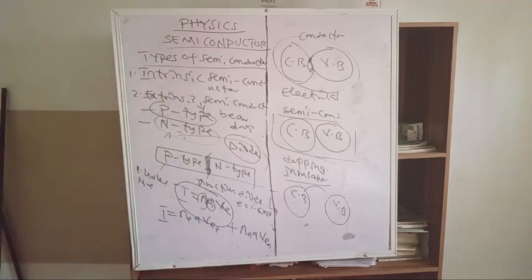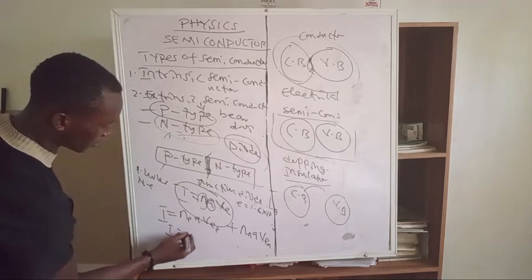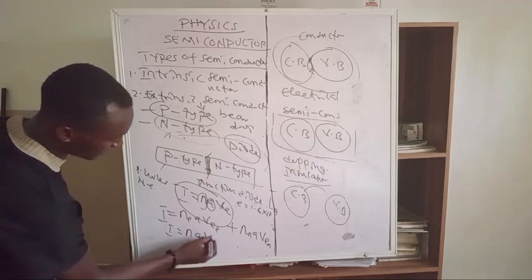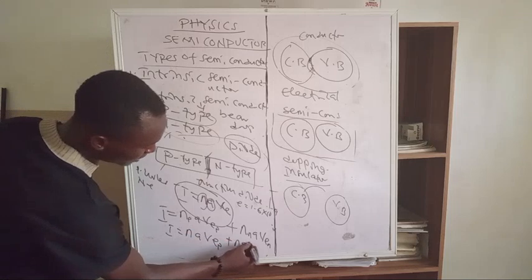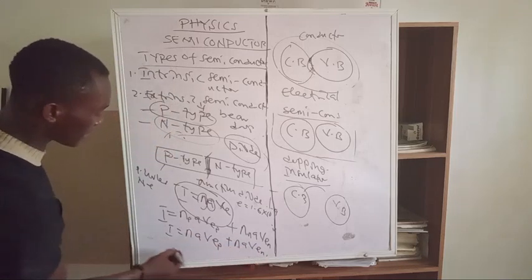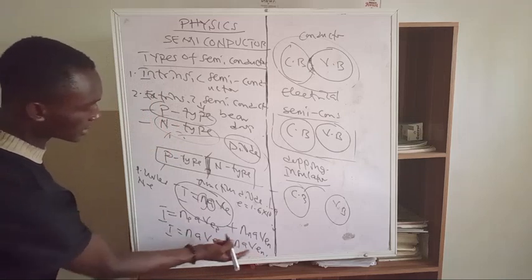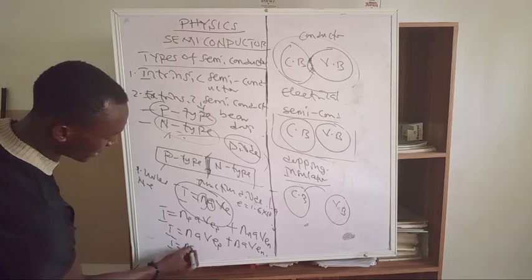By the time I connect them together, NAV is the same. So I can use I equal to N A V, then the electronic charge for the p type, plus N A V and the electronic charge for the n type. NAV is the same: this one is for p and this one is for n, but the number of electrons is the same.